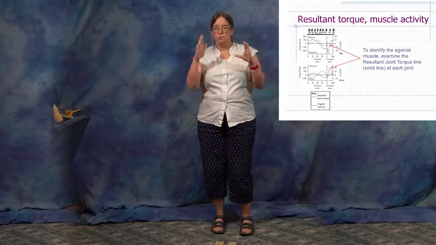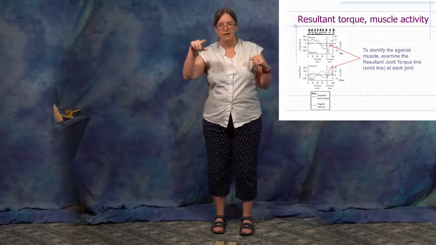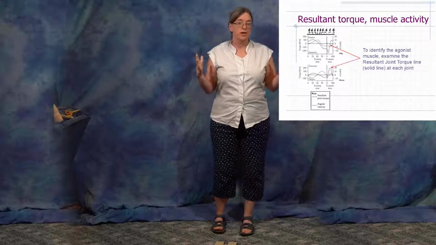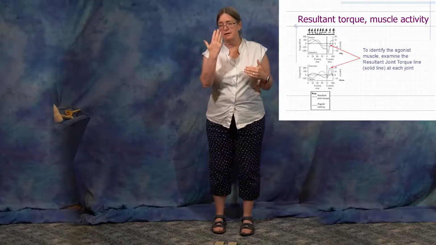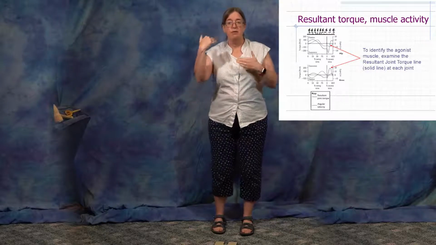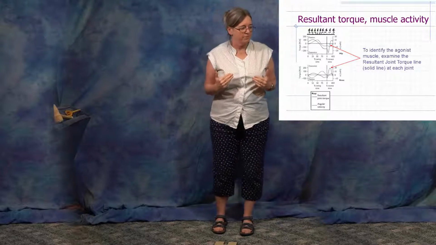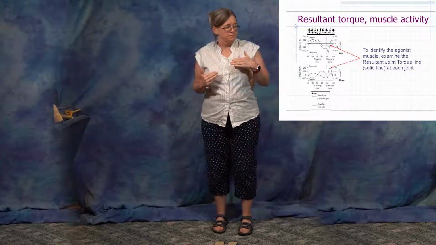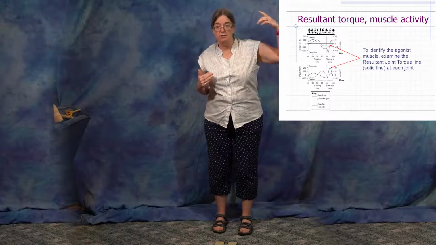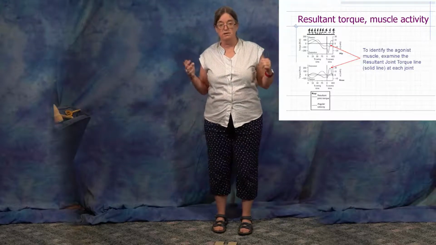As you go along the gait cycle, sometimes the solid line is above zero and sometimes it's below zero. And what that sign tells you is which one is the agonist muscle. If it's positive, then whatever you define as the positive muscle is the agonist muscle.